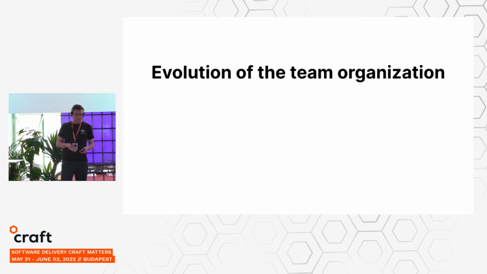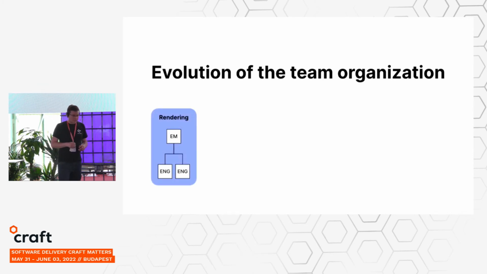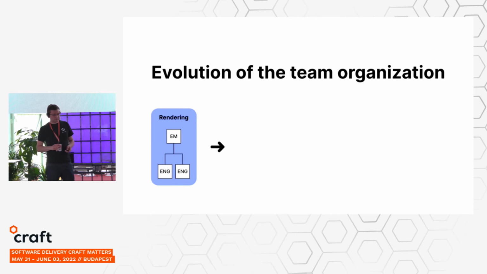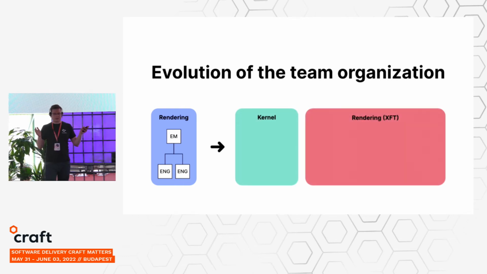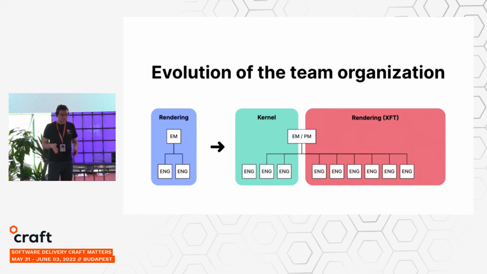So let me summarize how the team evolved over time. This was the original setup, 2 engineers and an engineering manager. And ultimately, we ended up having 2 teams. One was the kernel team, which was responsible for the very low-level parts of the app side integration, and the other one was the upscaled cross-functional rendering team.